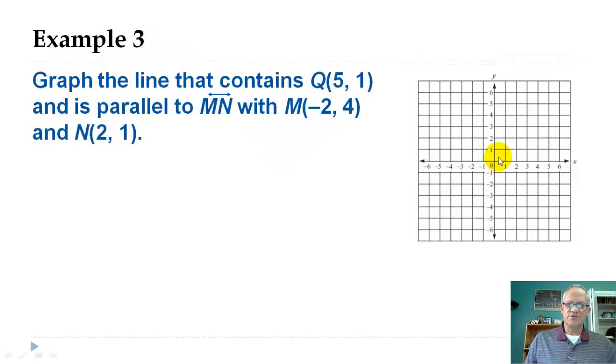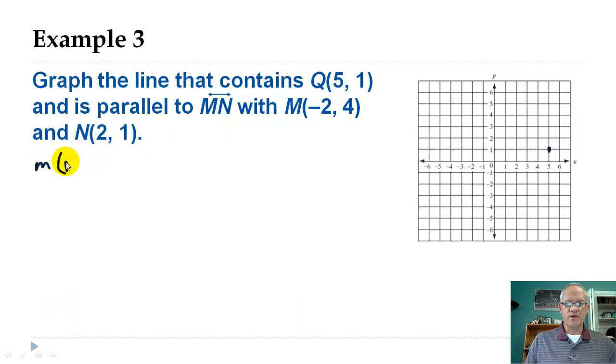In this situation, we're just going to graph a line, and it tells us that it's parallel, okay? So whenever you have a situation like that, it tells you that you have a certain point on your line. The first thing you're going to do is graph that point. So 5, 1, and it says it's parallel to MN. So we need to know what the slope of MN is, right?